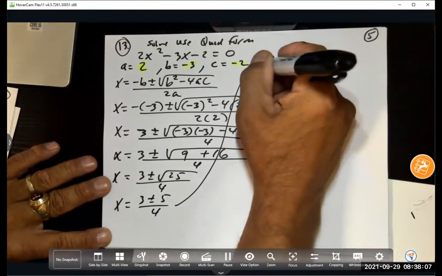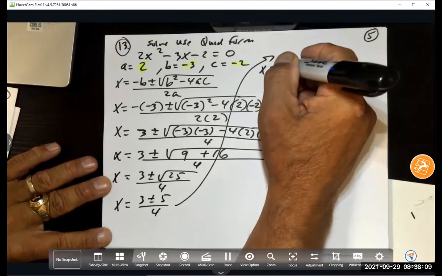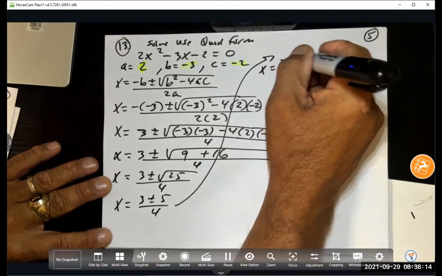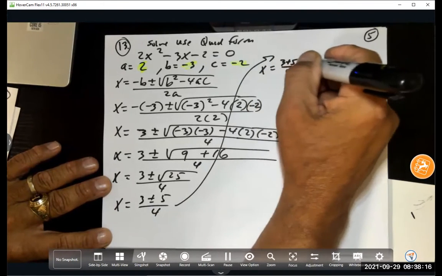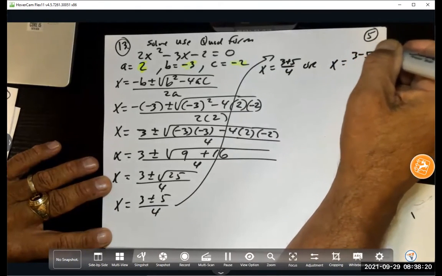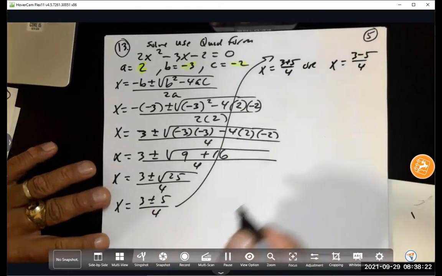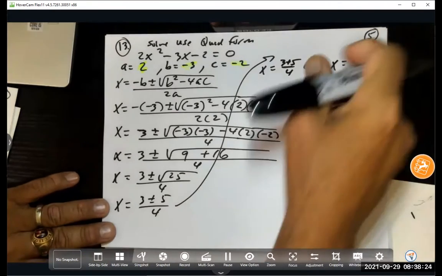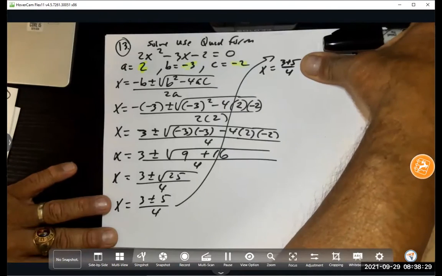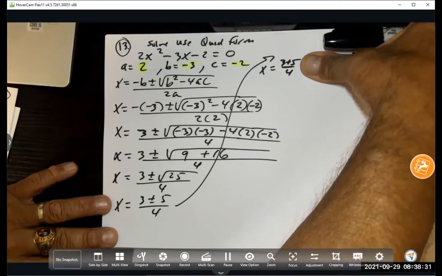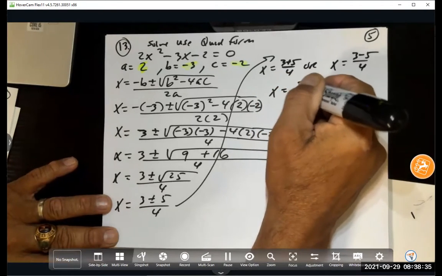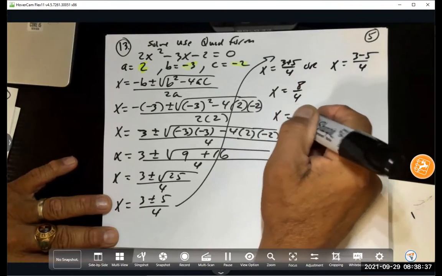So x could be 3 plus 5 over 4, or it could be 3 minus 5 over 4. Okay. So now let's do the first one first. What's 3 plus 5? Calculator. 3 plus 5 is 8. And 8 divided by 4. What is that?